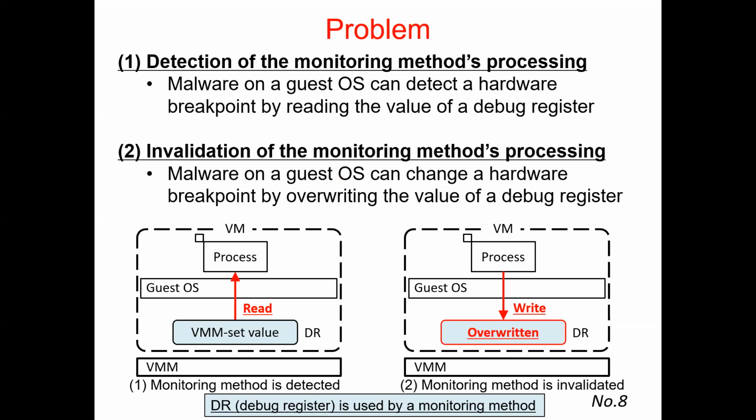The second problem is that malware can invalidate the monitoring method by overwriting the value of debug registers. Because debug registers are accessible from programs on the VM, the monitoring method is disabled by modifying the value of a debug register. To continue monitoring the programs on the VM, we must solve these problems.